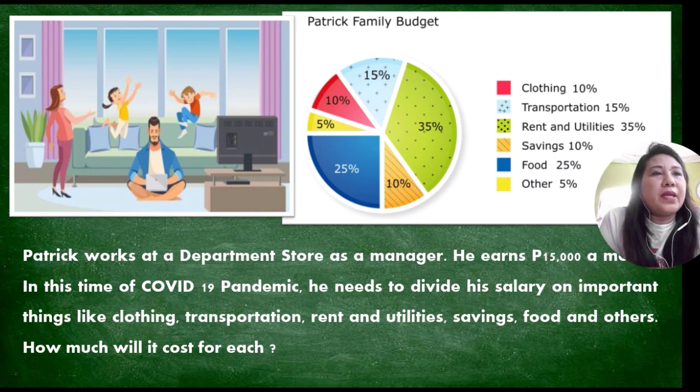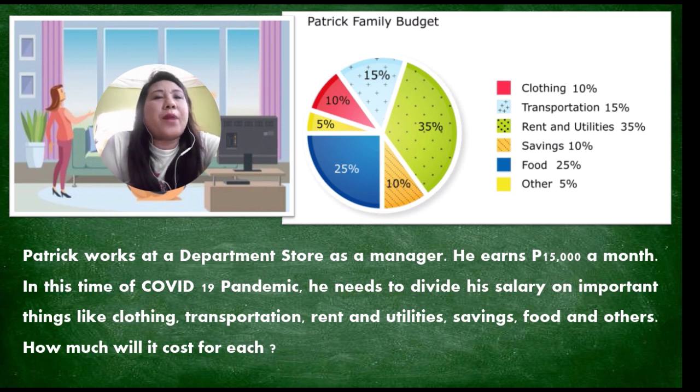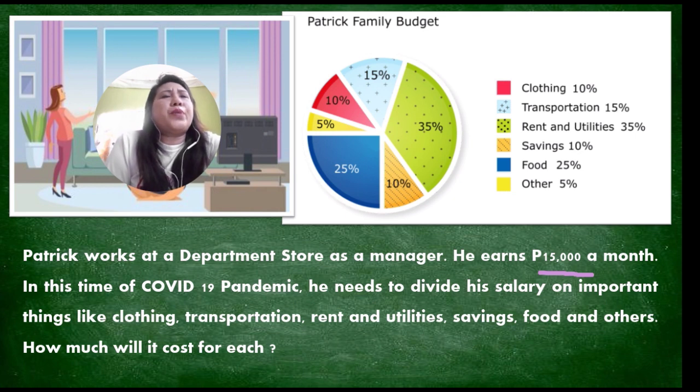So, in this problem, what is 15,000? What are the given? We have the 10%, 15%, 35%, 10%, 25%, and 5%.